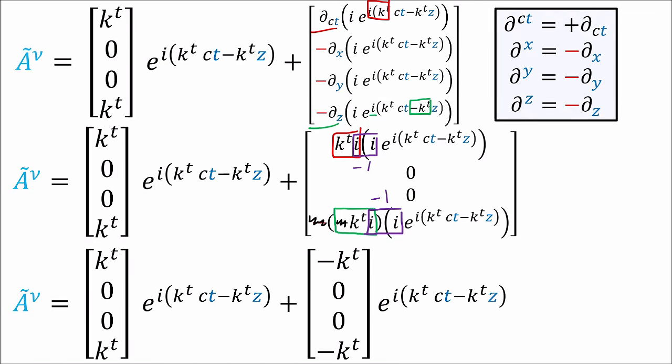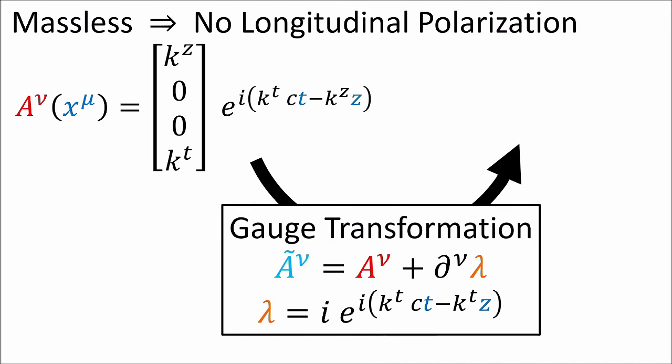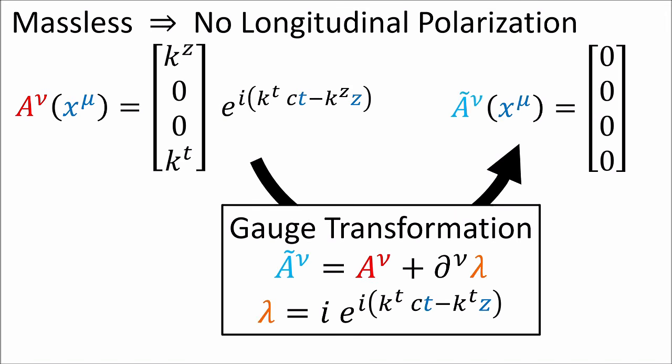Finally, subtracting these two terms gives us the 0 vector. So what we've shown here is that anything that looks like a longitudinal wave is actually equivalent to the field equaling 0 everywhere, because the two field configurations are linked by a gauge transformation that does not change the physics of the situation. Both gauge choices lead to the same electromagnetic field.